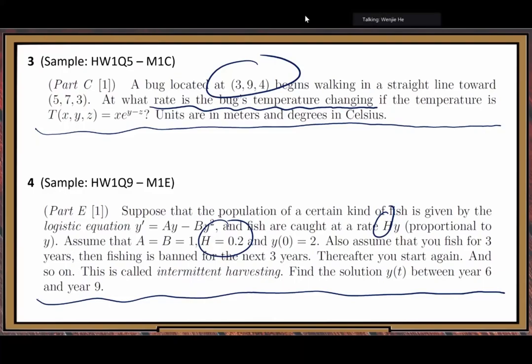Then I may adjust this H value. It's not a big change to the H value.